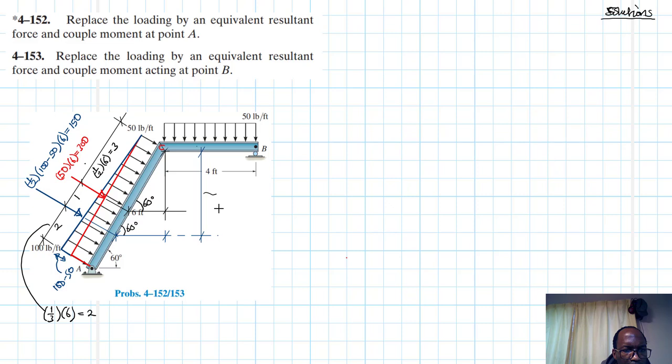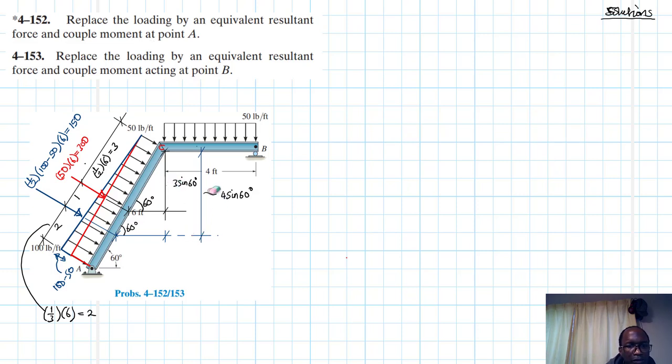So this one becomes a 4 sine 60, and this one is a 3 sine 60.